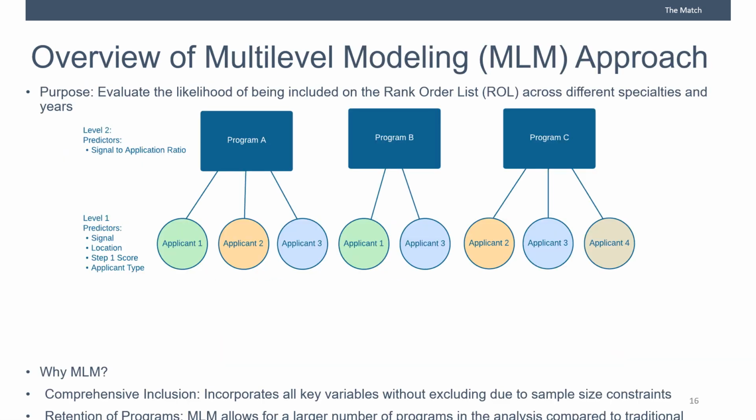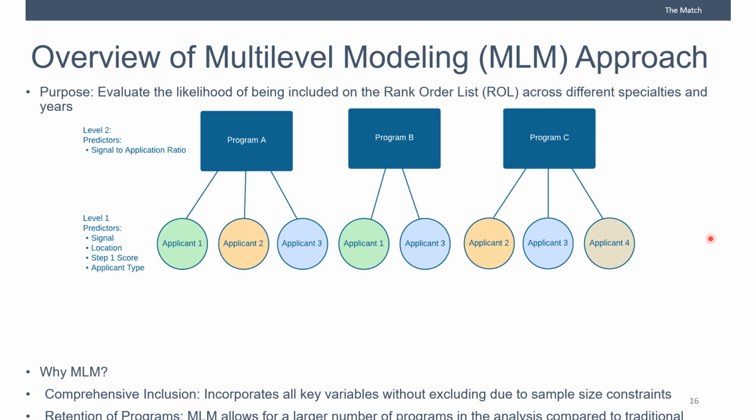Now I wanted to go over why we used a multi-level modeling, or MLM, approach, as the primary goal was to evaluate the likelihood of applicants being included on the RAL across different specialties. We wanted to look at an MLM because MLMs are a type of regression model that allow us to account for grouping of data.